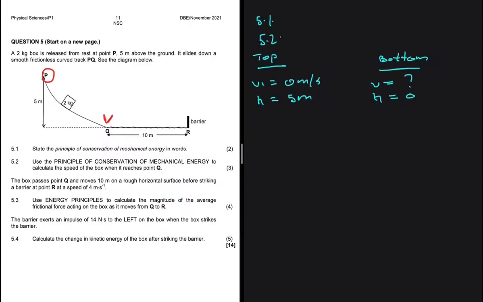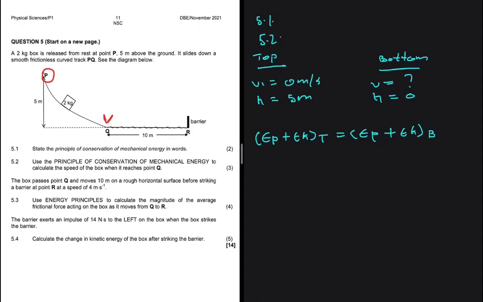The principle of conservation of mechanical energy says that EP plus EK at the top is equal to EP plus EK at the bottom. So let's go ahead and calculate EP and EK at the top.